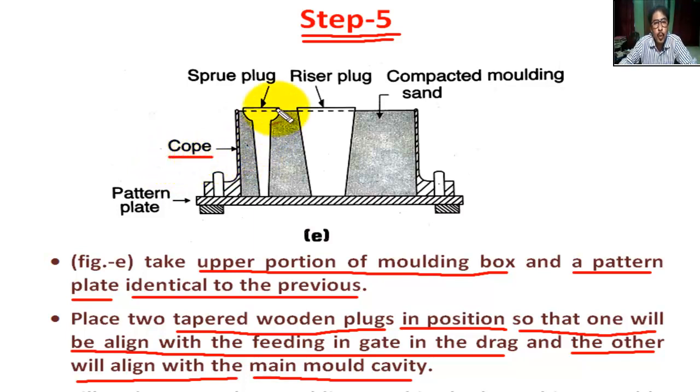This is called cope. Two wooden plugs are placed: this wooden plug for the sprue, and this wooden plug for the riser.